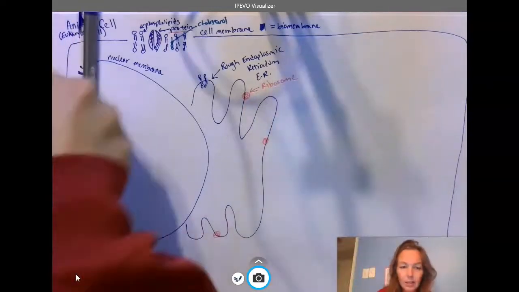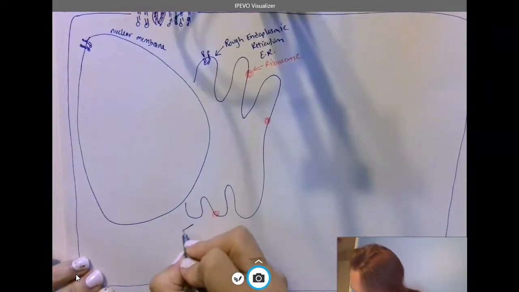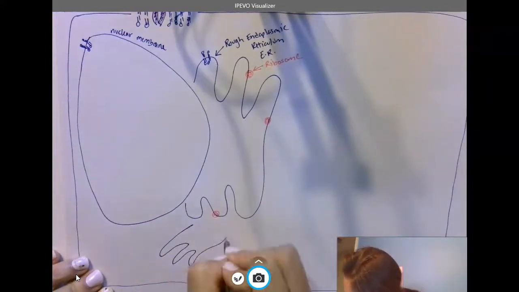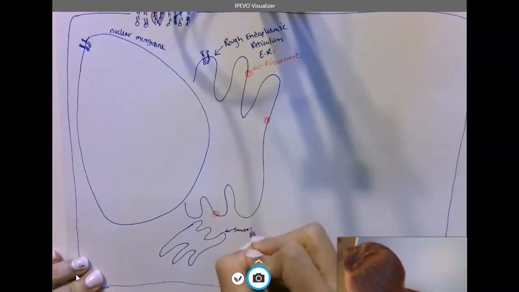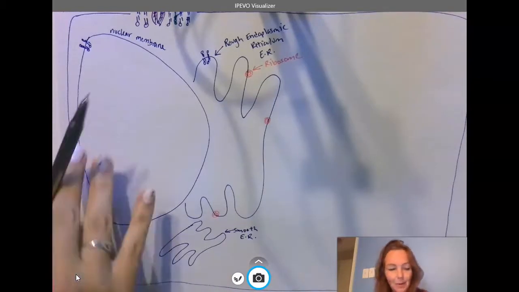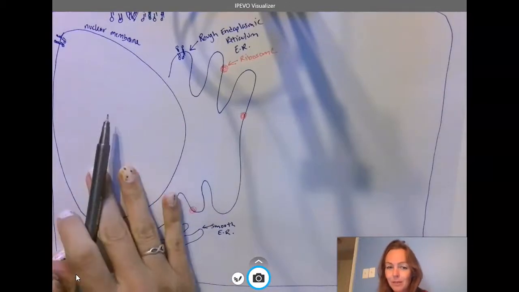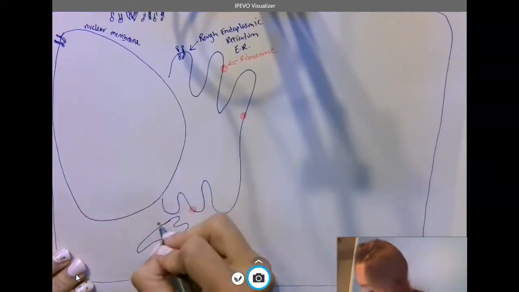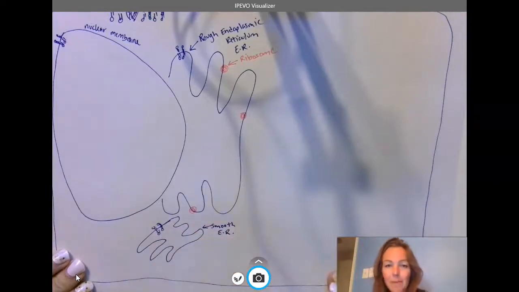Okay. Over here, we'll add in our smooth endoplasmic reticulum. I'm just going to call that our smooth ER, which does not have ribosomes on it. It's bigger, it's probably more in line of the rough ER size, but this is not to scale. And remember the smooth ER is also a biomembrane, made up of a phospholipid bilayer with embedded proteins.